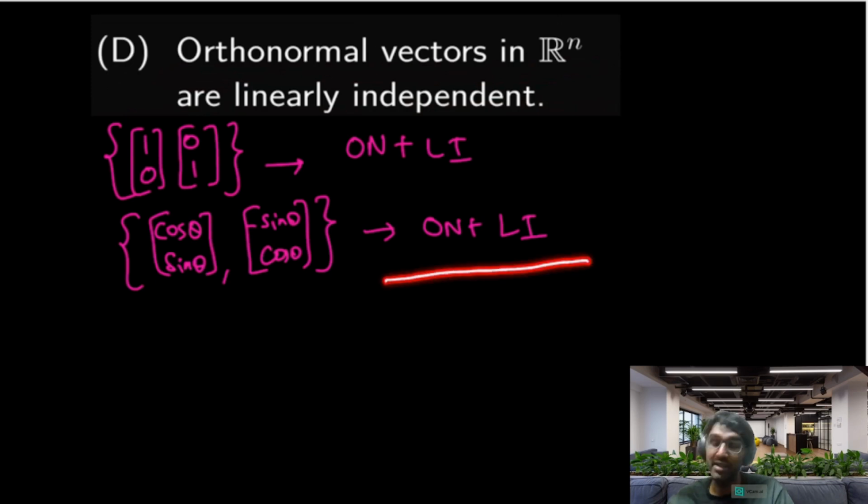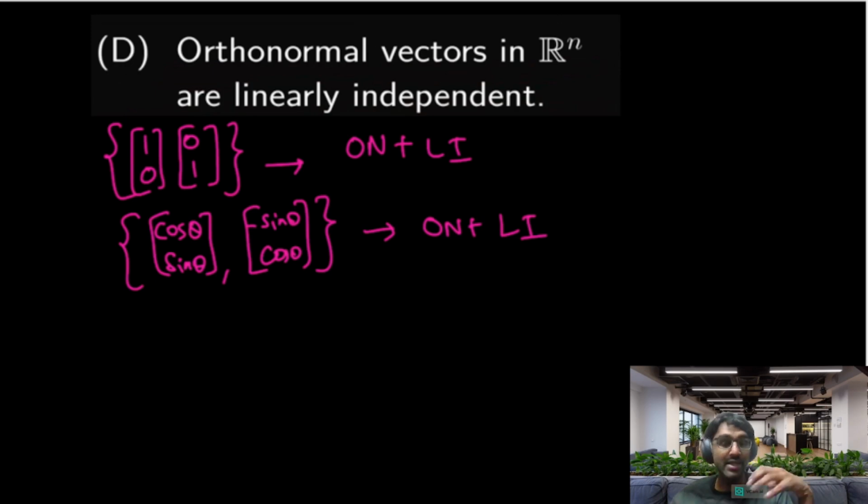Even if we try multiple examples, we will not be able to find a case where a set is orthonormal but not linearly independent. Why? Because this statement is actually true, so we will not be able to find counterexamples.